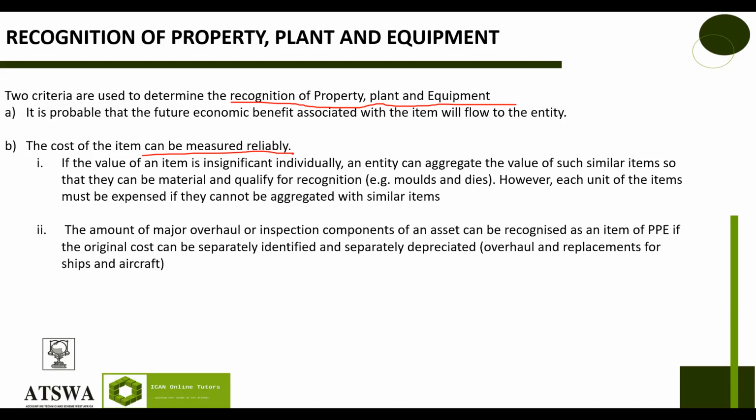You can't start doing depreciation on it and calculating 10 kobo for every depreciation. All you need to do is expense those kind of assets. But if you can aggregate them, and the aggregate gives you a huge amount, then aggregate them with similar items, then you can value them.